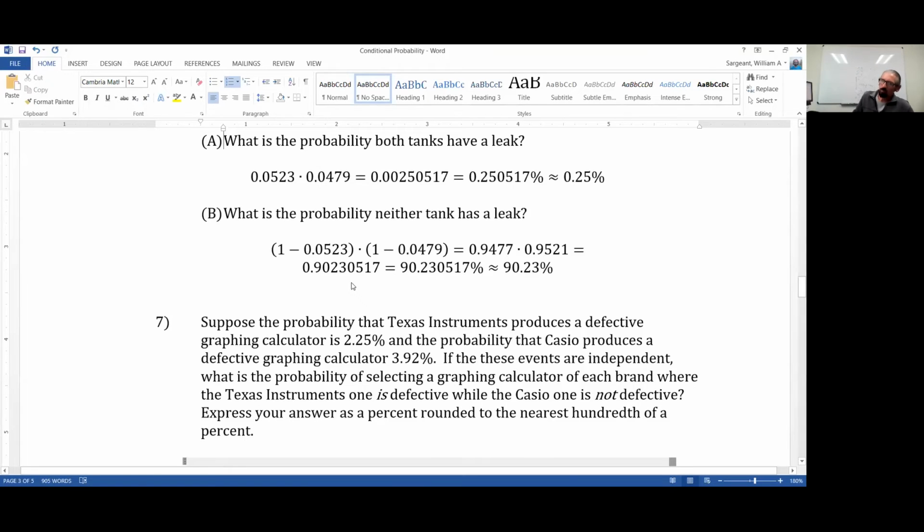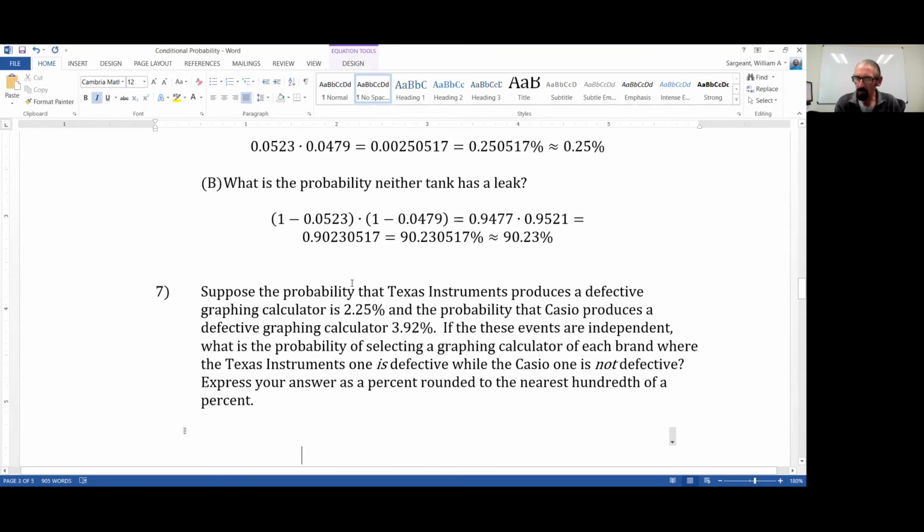So you talk about calculators from two different companies. TI has a 2.25% chance of making a defective graphing calculator. Casio has a 3.92% chance of making a defective graphing calculator. I've just made up these numbers, no insult to either company.